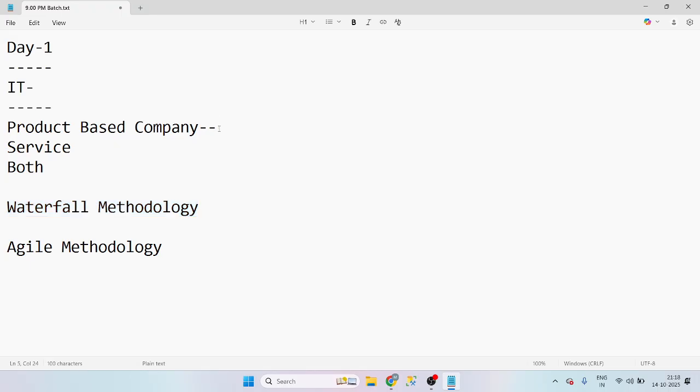But we are mainly thinking about agile methodology, right? In agile methodology, people mainly focus on product based companies. We are going to get service also, but rarely. If you give interviews for 10 companies, among those 10, the service based companies will be one or two.